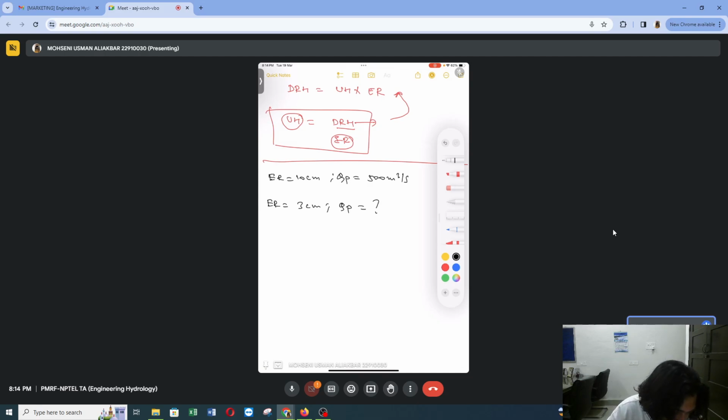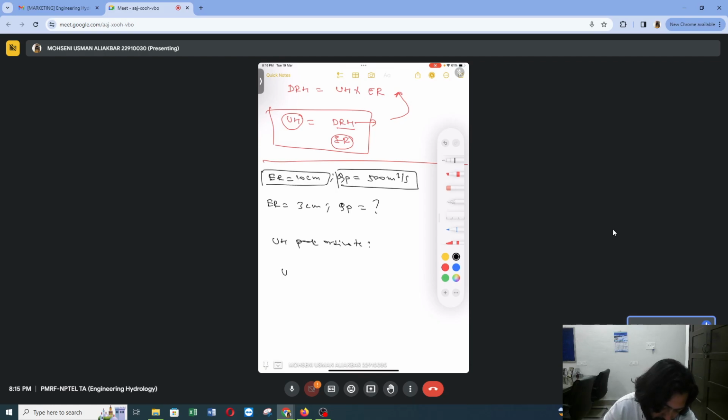So first we can calculate the unit hydrograph peak ordinate. If we know the unit hydrograph peak ordinate, then we can simply multiply it with the excess rainfall of 3 centimeter and get the peak discharge. Why? Because the unit hydrograph peak ordinate will be the same. So this is the DRH peak ordinate, and this is the excess rainfall.